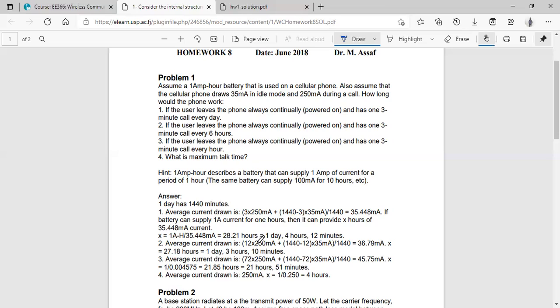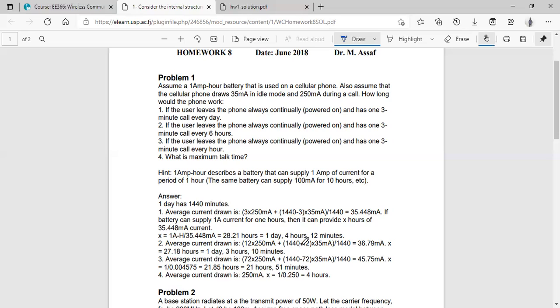So we multiply 12 minutes by 250 milliamps, plus the remaining minutes in that day, which is 1440 minus 12. This is the remaining time for the phone to be left idle.